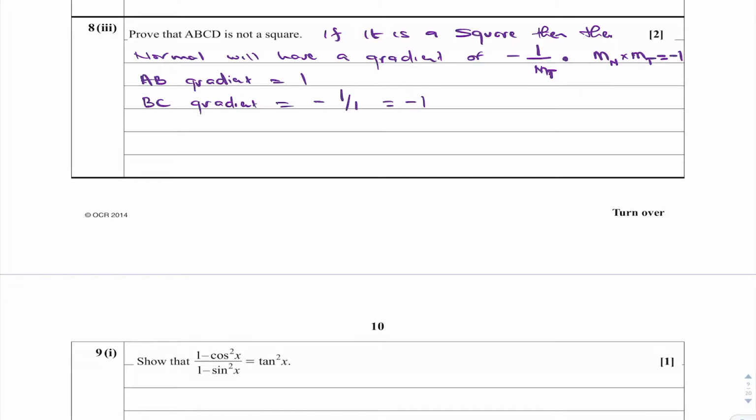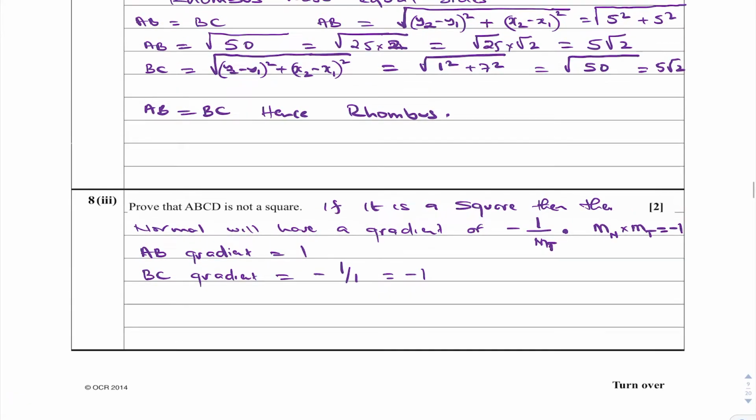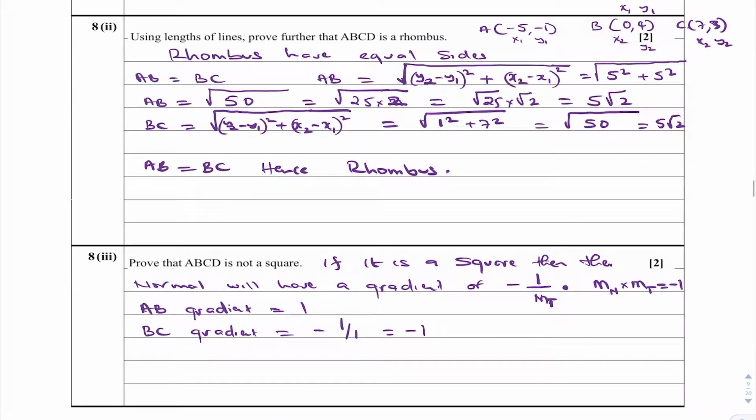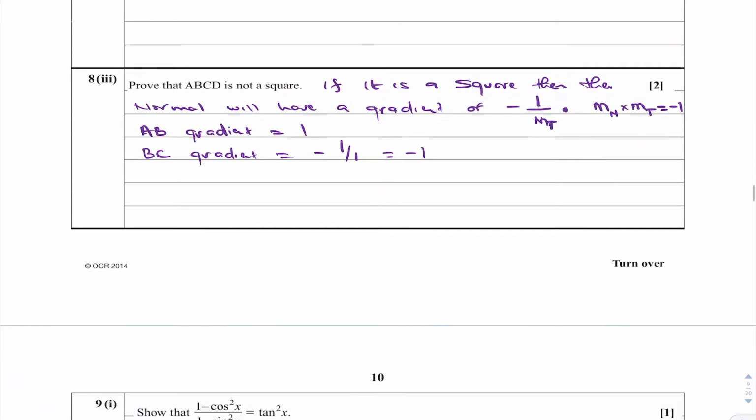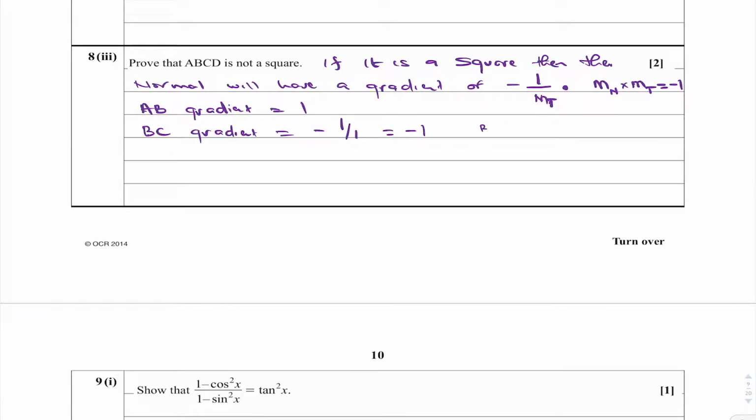So let's find the gradient of BC. We know the coordinates: B is 0, 4, and C is 7, 3.